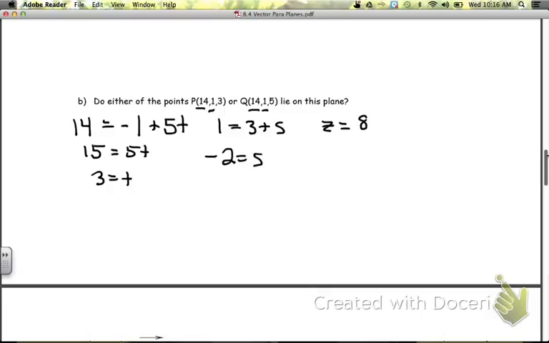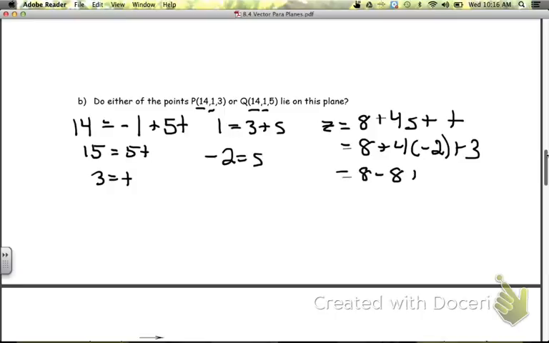We know z is equal to 8 plus 4s plus t. Let's sub in our found values: 8 plus 4 times negative 2 plus 3. So we have 8 minus 8 plus 3, which equals 3. You see 3 is the z value of P, so P is on the plane and Q isn't.